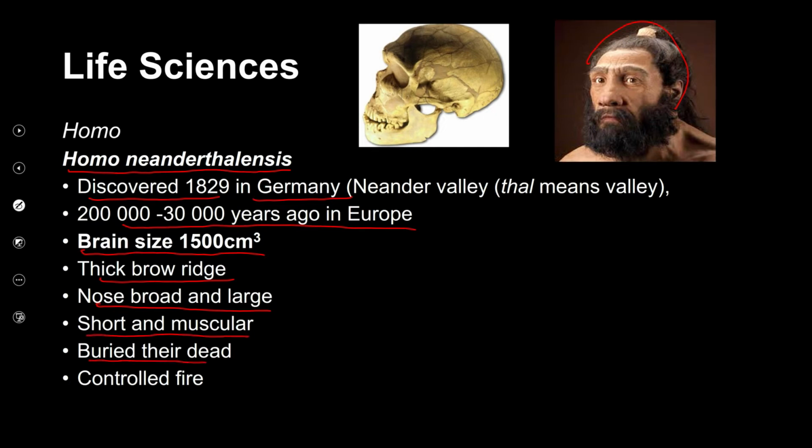They buried their dead, and they controlled fire. So they were able to use fire for whatever purpose, whether it was cooking or warming up or heating. They lived in caves in Europe, where it can get quite cold in winter.